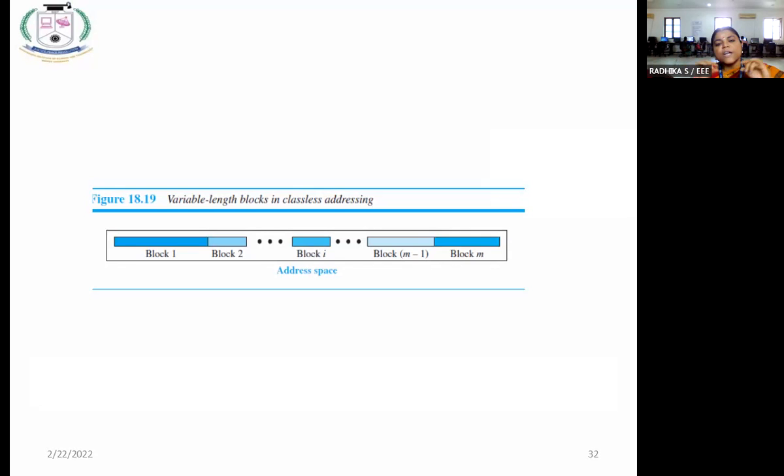And the entire address space is said to be divided into smaller blocks. Each block is of variable length.